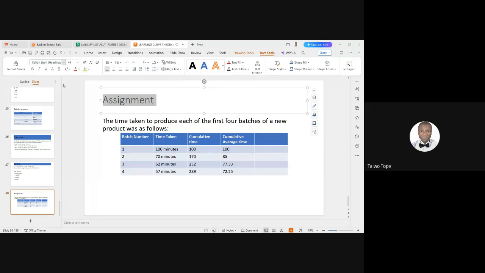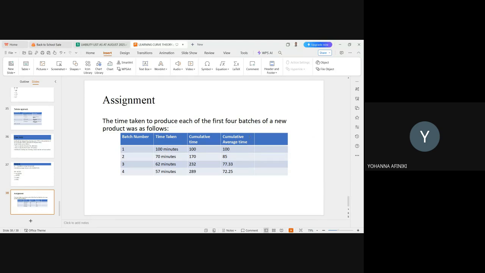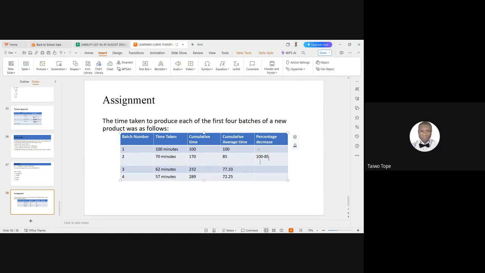So the percentage decrease for the first will be nil. For this, it will be 100 minus 85, divided by 100, which is 15%. Multiply by 100, so you have it as 15%.